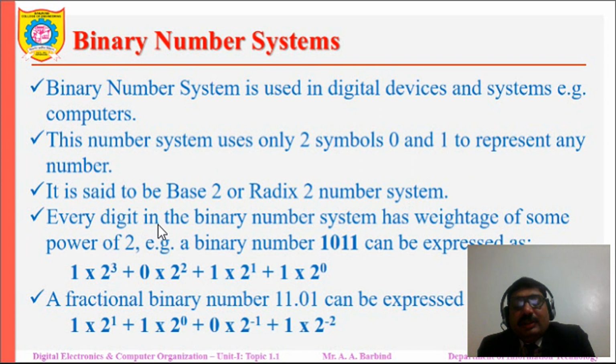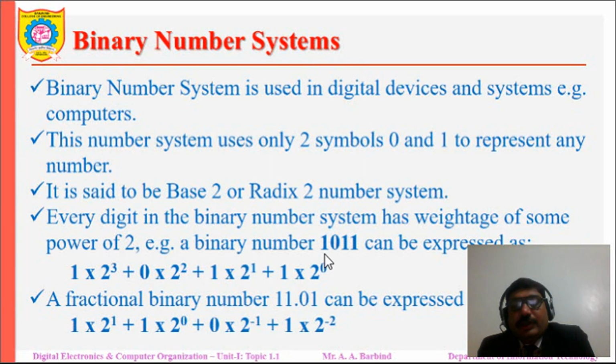Every digit in the binary number system has a weightage of some power of 2. Like in the decimal number system, every digit has the weightage of some power of 10, every bit in the binary number system has the weightage of some power of 2.